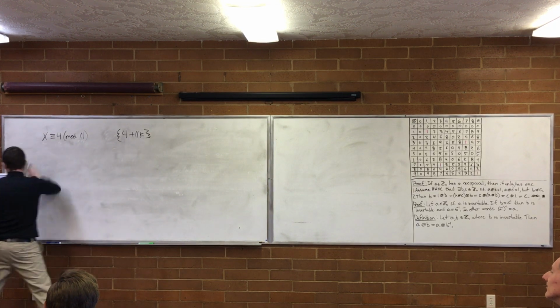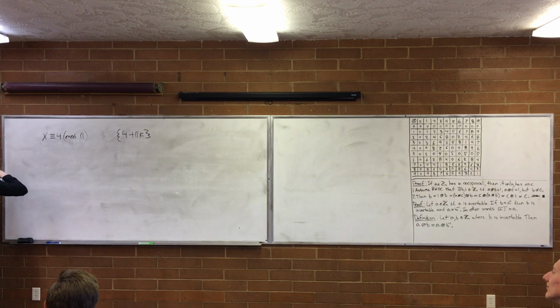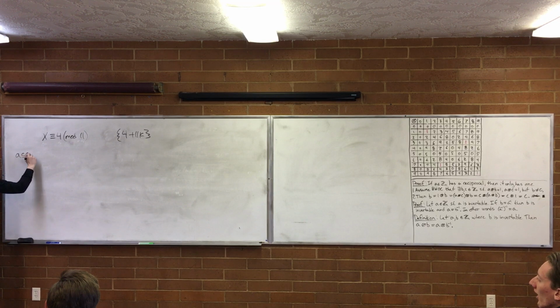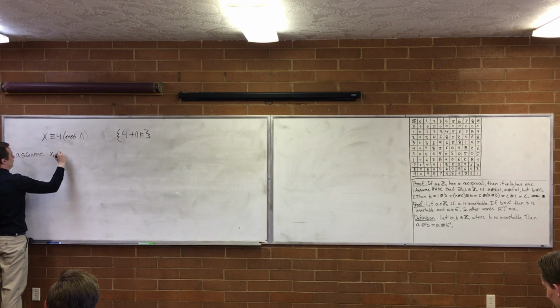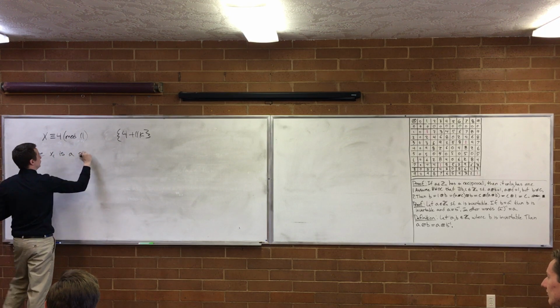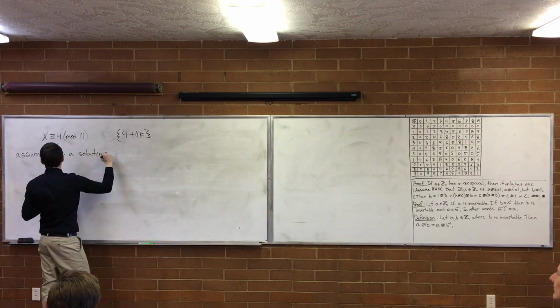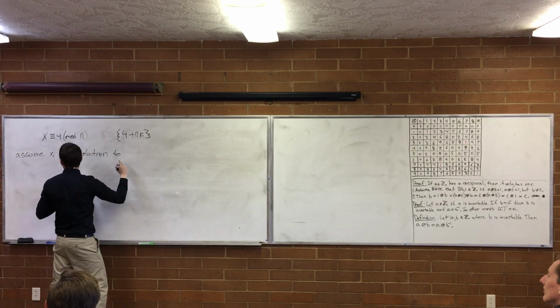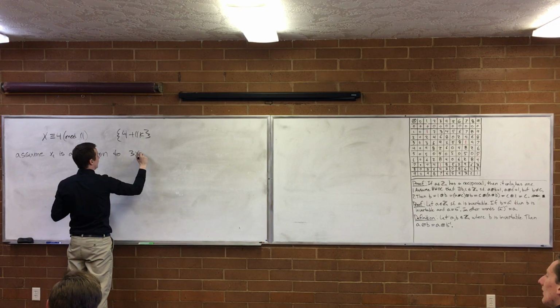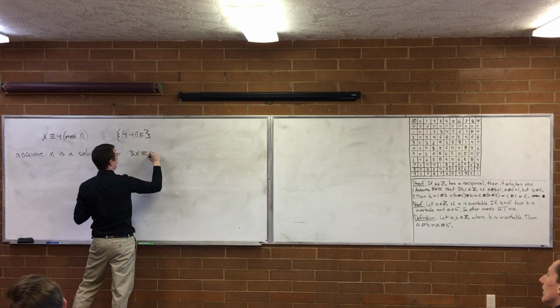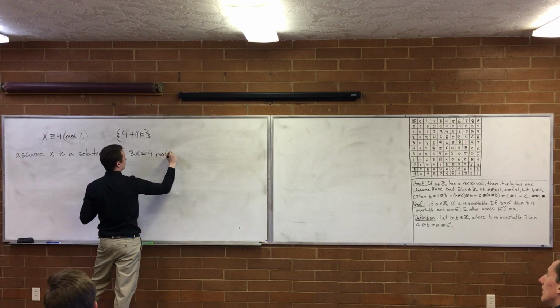So I don't know how I want to write this. Maybe let's start with that exact example. Assume x1 is a solution to, what did we have? 3x congruent to 4 mod 11.